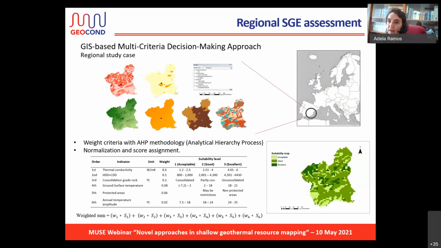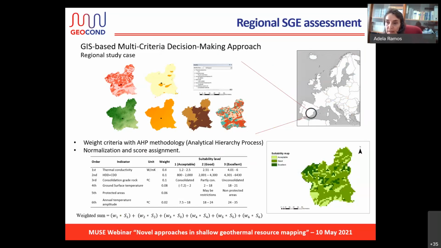So the next step of the approach was the normalization process of the criteria that allow us to compare criteria to each other. Following, values from each criterion were segmented in 3 categories according to their suitability to reach a goal, and we assigned a score to the categories: 1 for the category considered acceptable, 2 for good, and 3 for excellent.